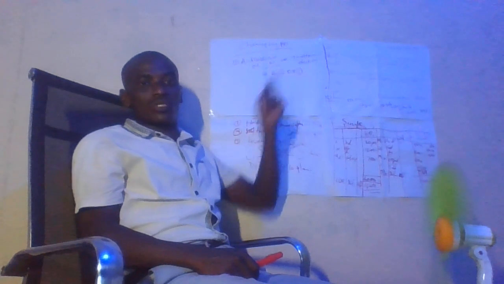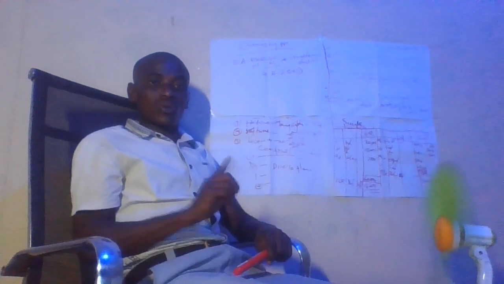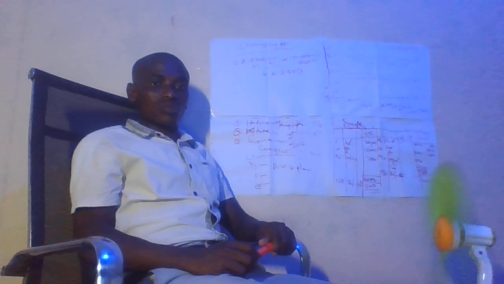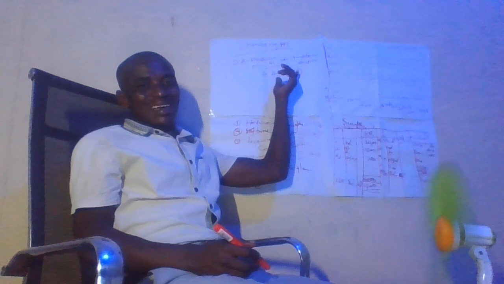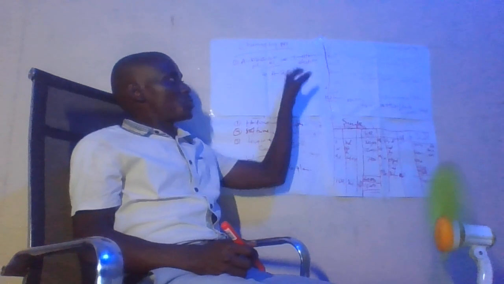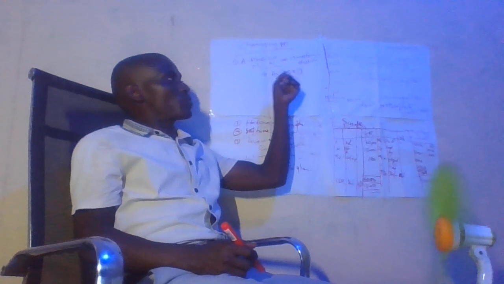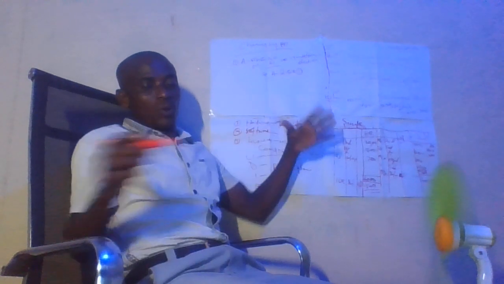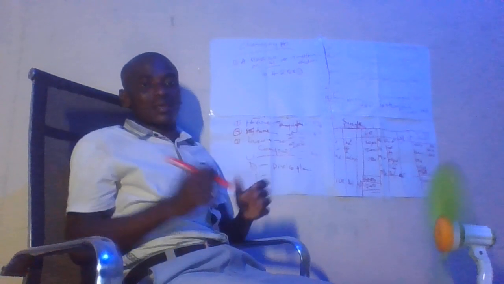So it has to lose an electron to become stable. This element loses the outermost electron to become stable, and this one is most reactive. You'll see the force of attraction between the positive nucleus and the outermost energy level. When the energy level is far, the force of attraction weakens.